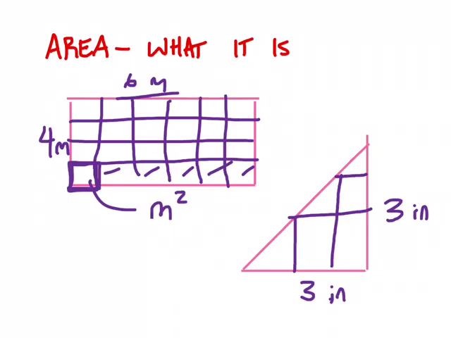And again, even though the shape doesn't fit with squares in it, we're basically saying how many of these squares are actually going to fit in there. There's 1, 2, 3 whole ones, and then 3 halves here. It ends up being 4.5 squares. So that triangle would have an area of 4.5 square inches.